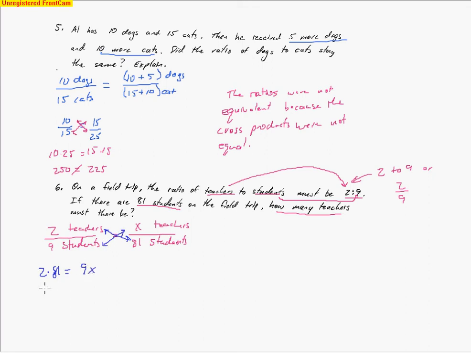So 2 times 81 gives me 162 equals 9x. And then I can go ahead and divide by 9. And when I do that division, I end up with 18. 18 equals x. So what we would say is, for 81 students, there must be 18 teachers. And that would be our answer.